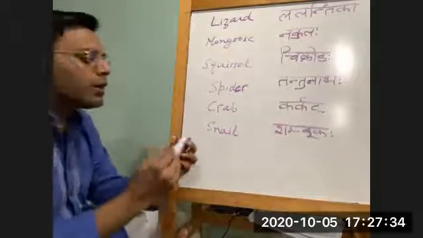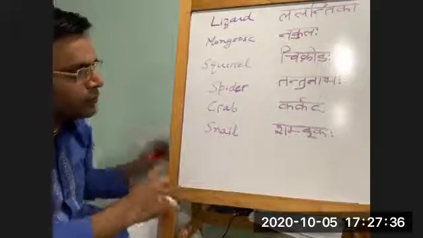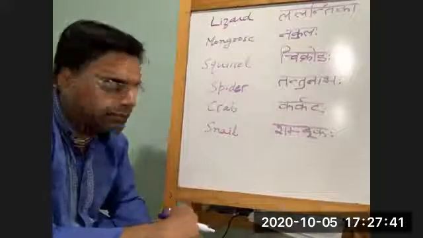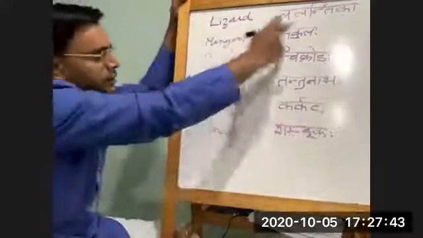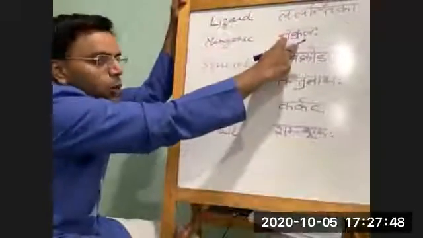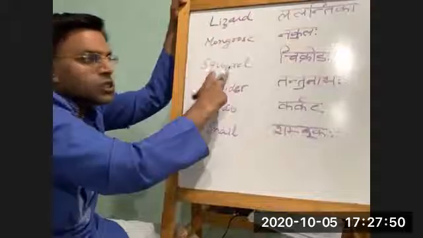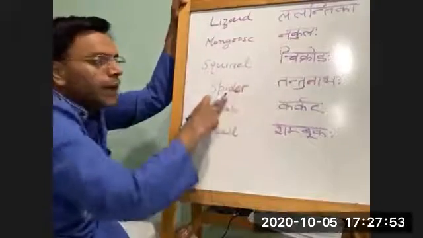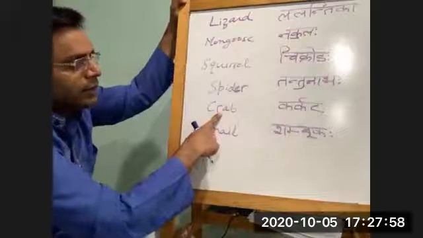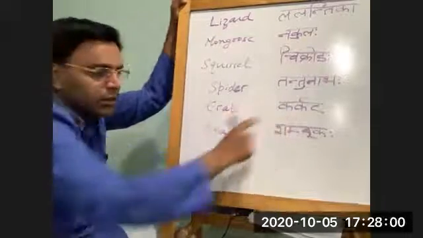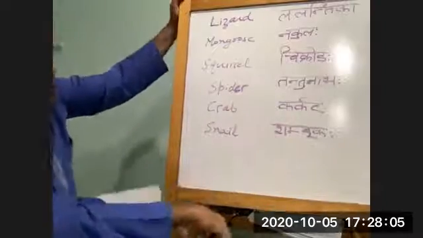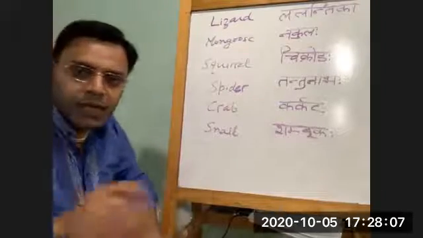Okay, so my marker is losing the ink, but hopefully you can see this. Lizard is called lalantika. Mongoose nakula. Squirrel chikroda. Spider tantunabha. Crab karkat. Snail shambhuka.